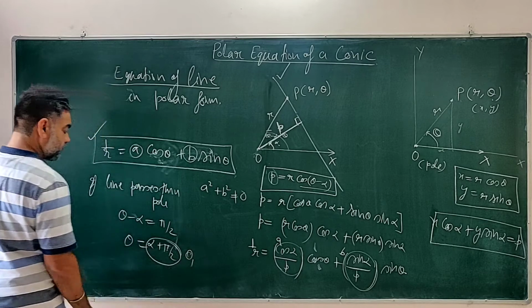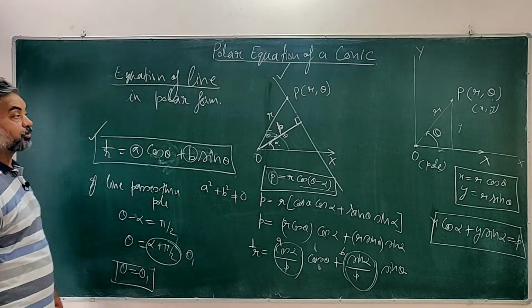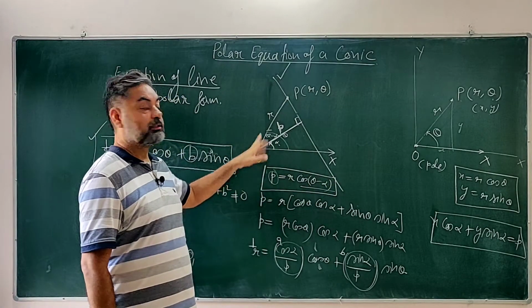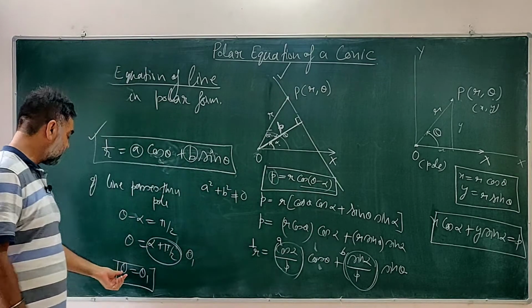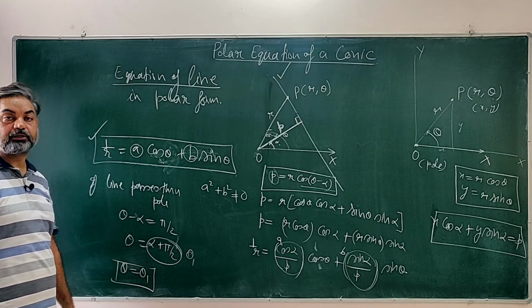You can call this constant theta 1. So theta is equal to theta 1 is the equation of the straight line in polar form which passes through the pole.